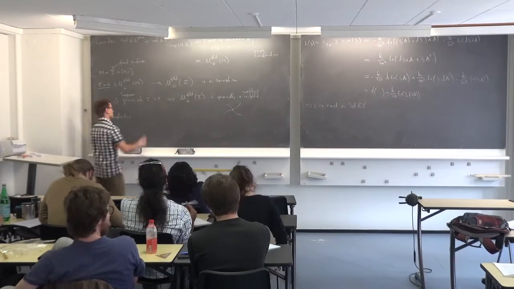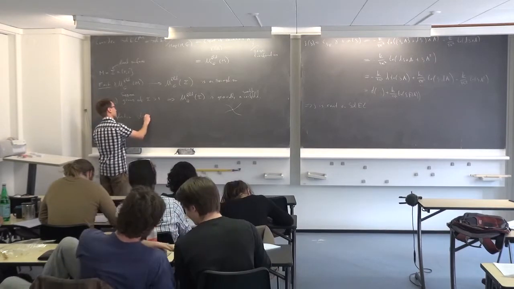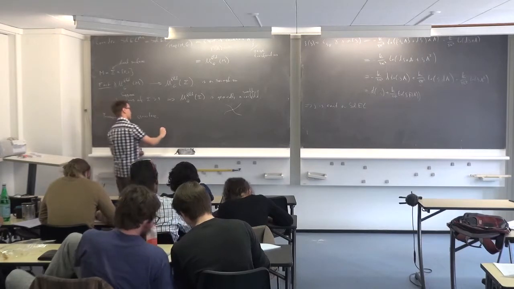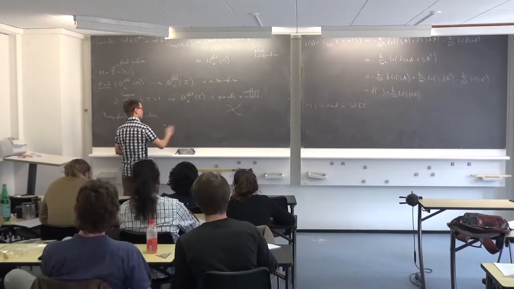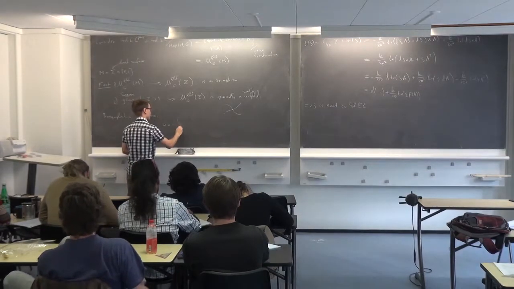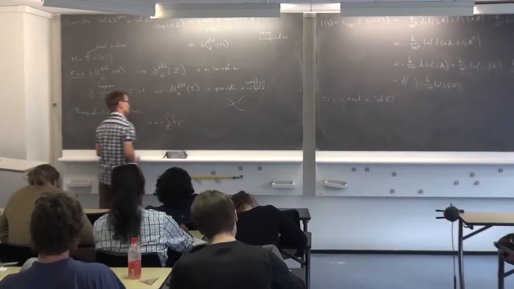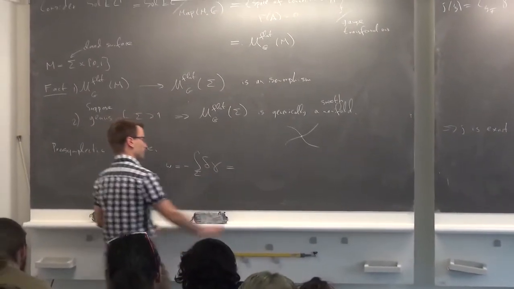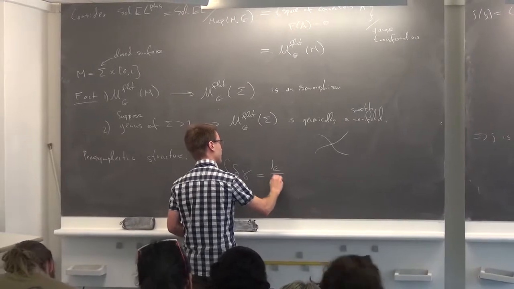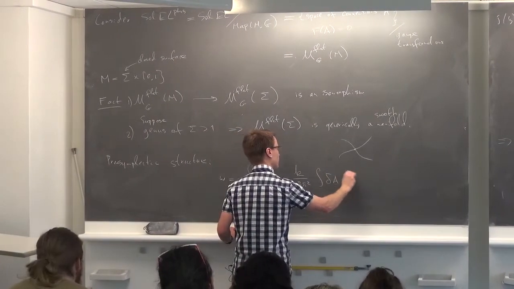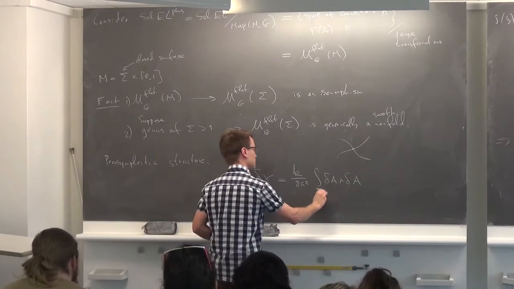Okay. So now we have a presymplectic structure on this space, and this is given by minus the integral of delta gamma. And this is going to be k over 8 pi squared times the integral of delta A wedge delta A over sigma.